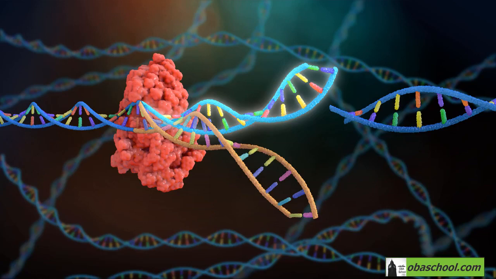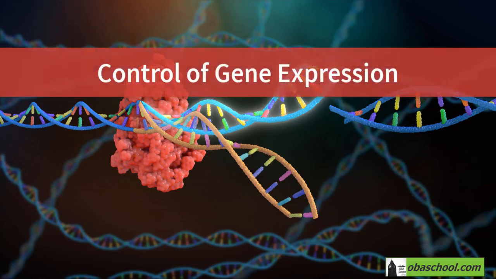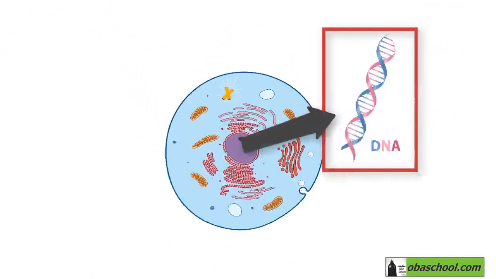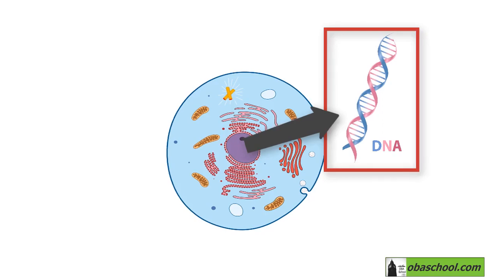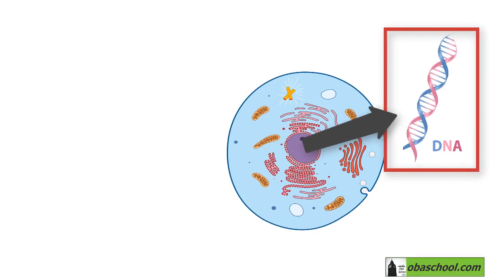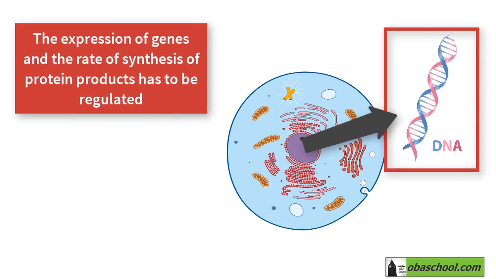This tutorial is about the control of gene expression. The entire genome of an organism is present in every cell that contains a nucleus. This includes genes not required by the cell. So, the expression of genes and the rate of synthesis of protein products like enzymes and hormones has to be regulated.